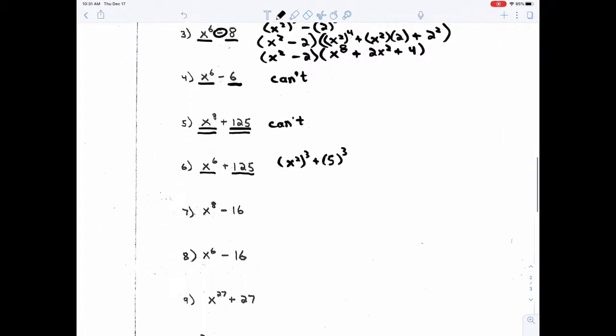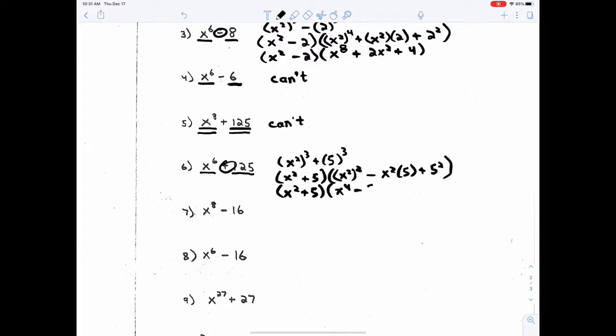So I'm not going to spend a lot of time on it, but we have the first one, the second one, the first one squared, first times the second, and then plus the second one squared. And because this is a plus, it's going to go plus and then minus. So we got x squared plus 5 times x to the 4th minus 5x squared plus 25.